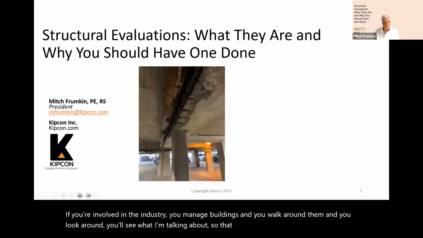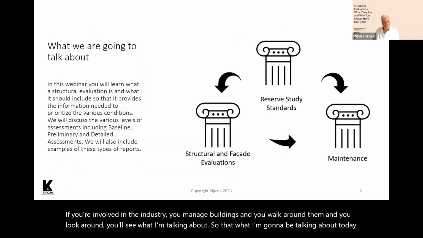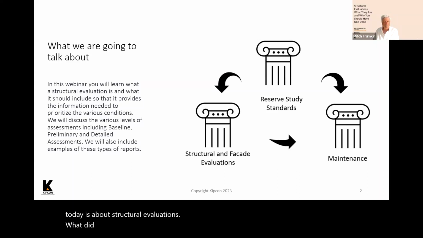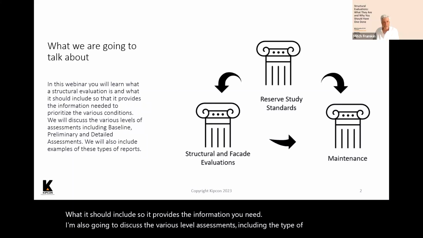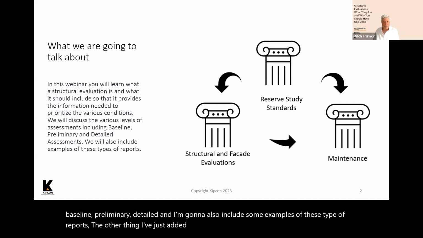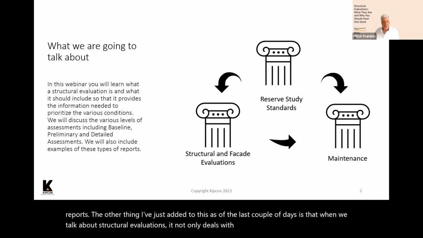So what I'm going to be talking about today is structural evaluations, what they should include so they provide the information you need. I'm also going to discuss the various level assessments, including the types of studies that are done: baseline, preliminary, detailed, and I'm going to include some examples of these types of reports. The other thing I've just added as of the last couple of days is that structural evaluations not only deal with legislation and things like that, but also CAI's public policy, which I'll talk about.